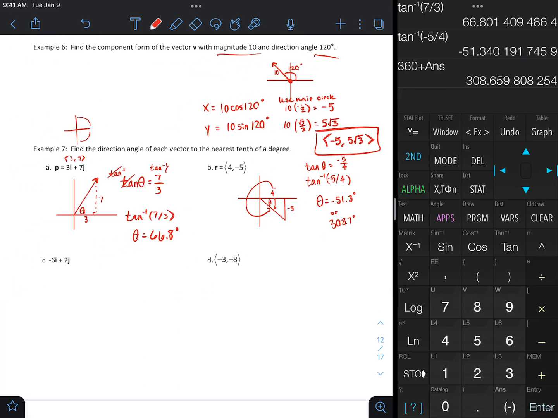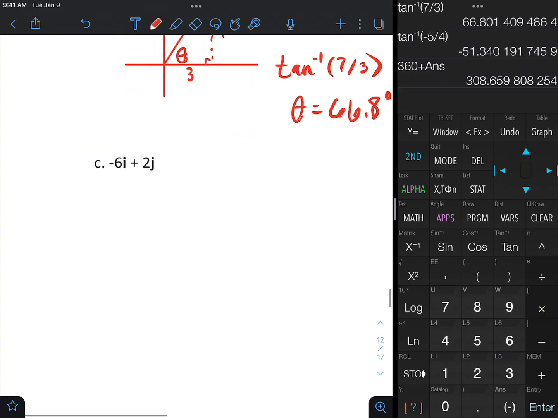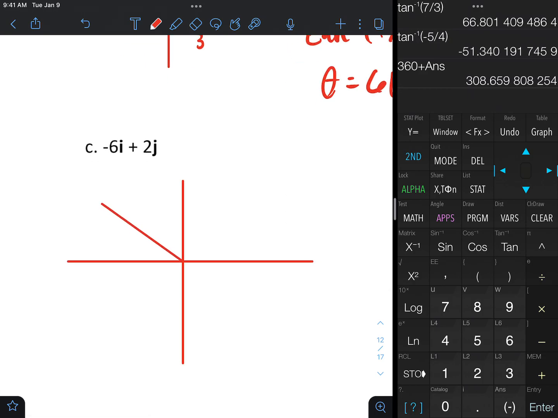And like what I was saying, when you start doing different quadrants that aren't typically where tangent inverse happens, we have to be a little bit careful with these. So for example, I think this one is in the top left quadrant. When you sketch it out and do your triangle, it's backwards 6 and then up 2.